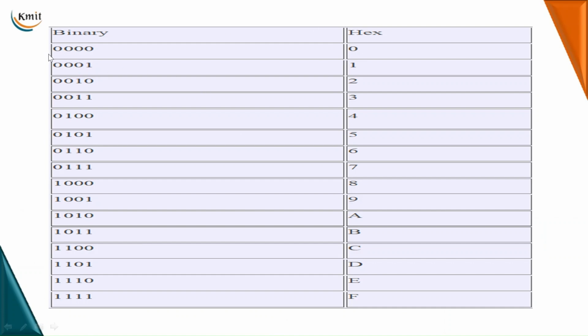That is the reason we are grouping them into 4 digits, because the hexadecimal digits range from 0 to 9 and A to F. A is 10, B is 11, C is 12, D is 13, E is 14, F is 15. The binary equivalents of these numbers are represented in 4 bits.